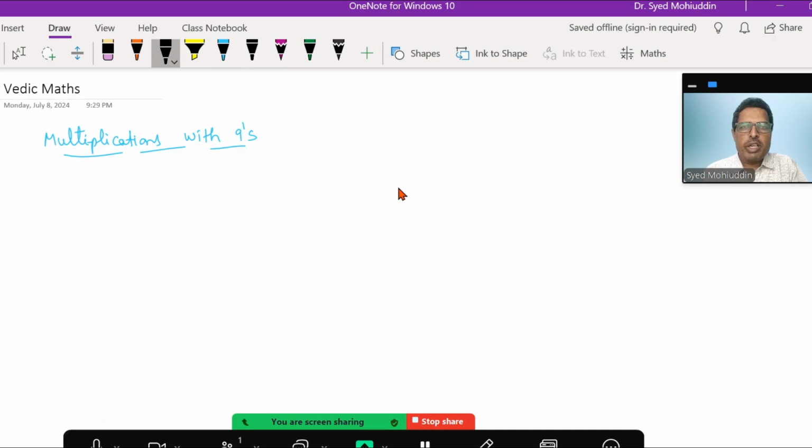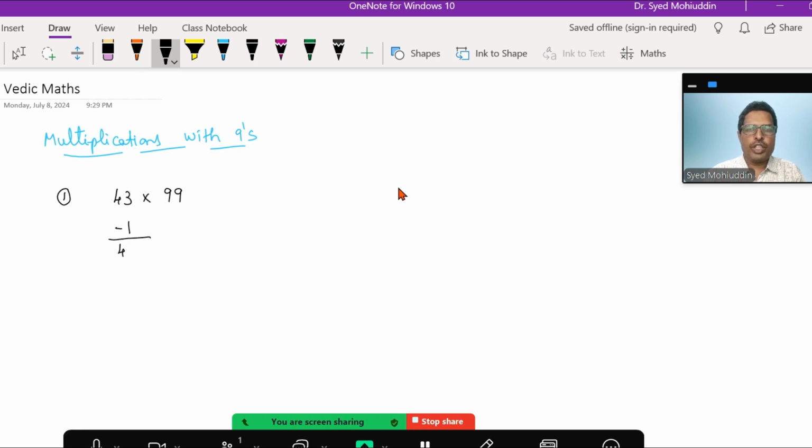So if you want to multiply, say your 43 is being multiplied by 99. So how to multiply this using Vedic Maths? You have a shortcut technique to actually multiply these numbers. The first step is just try to subtract 1 from this 43. How much you'll be getting?